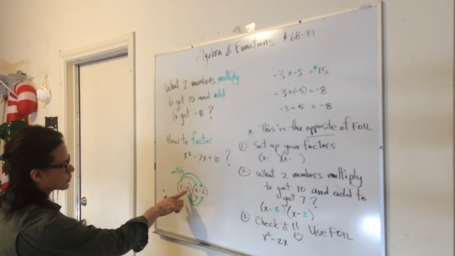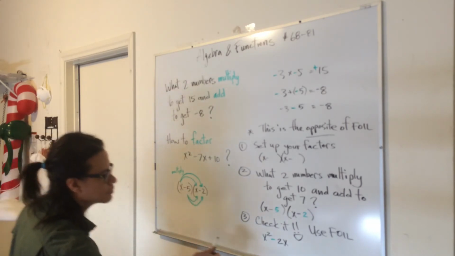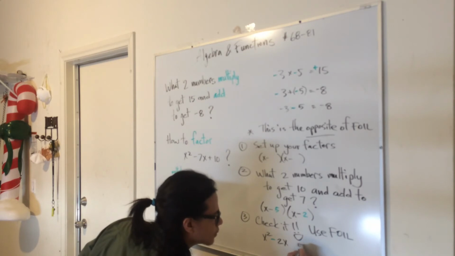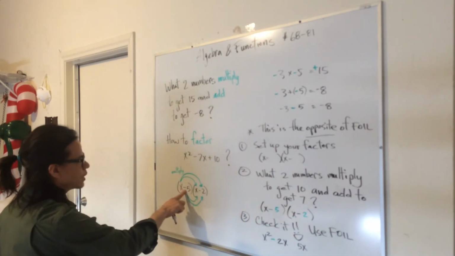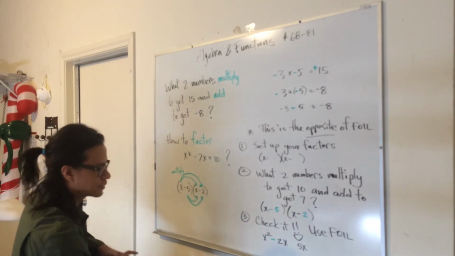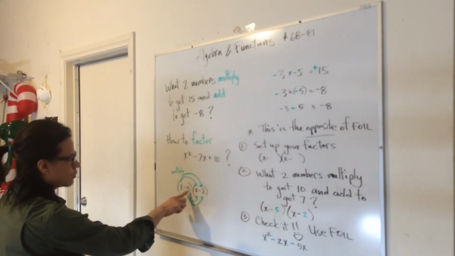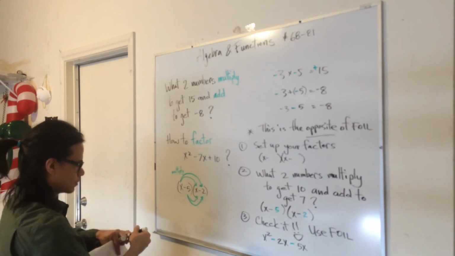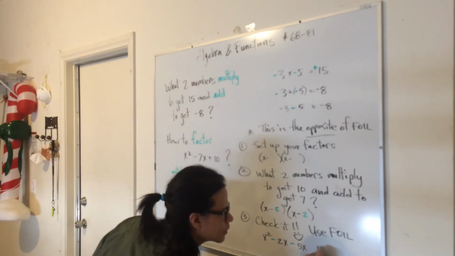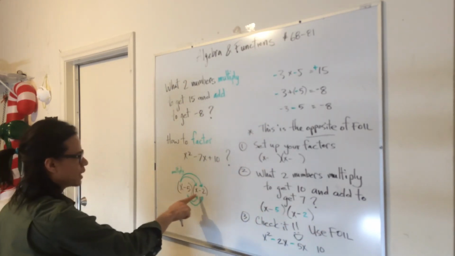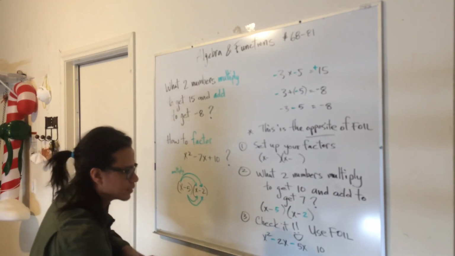Okay, the inner term, 5 times x is 5x. Negative times positive is negative. Okay, we're almost there. 5 times 2 is 10. Negative times negative is positive.